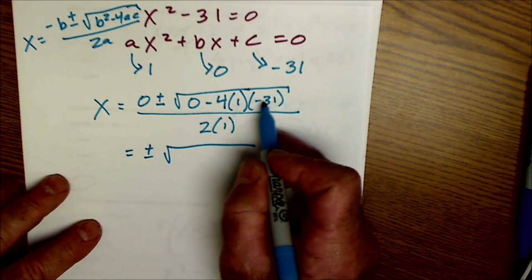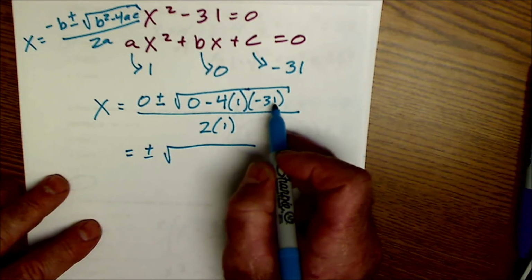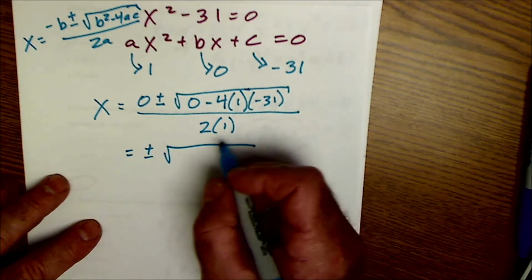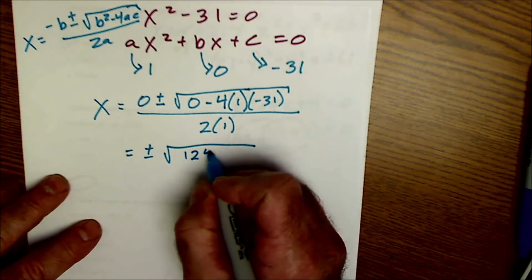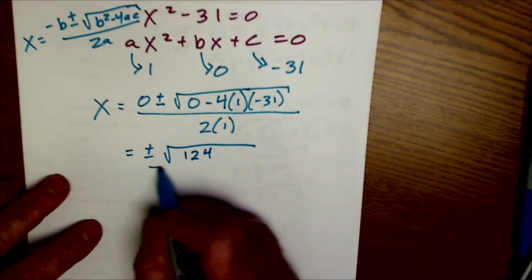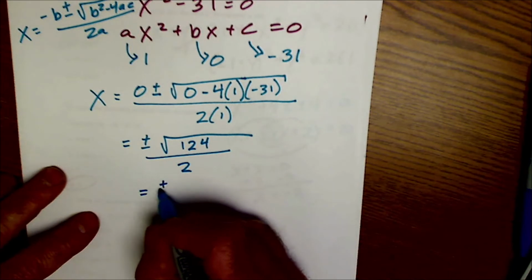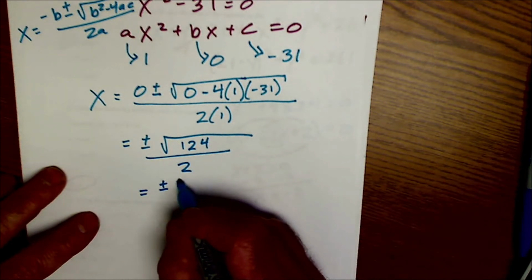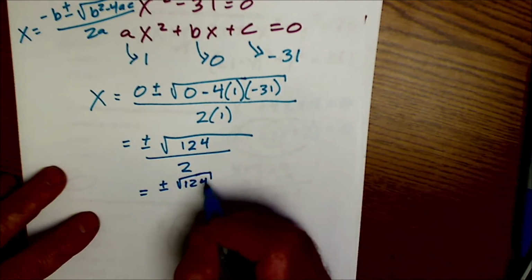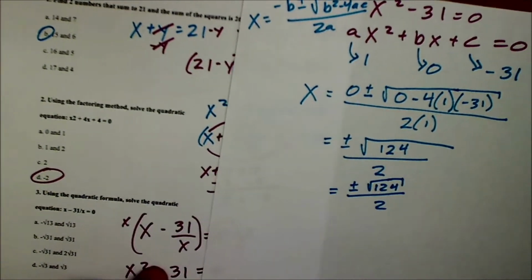Negative 4 times negative 31 is a positive 124, divided by 2. And that's a good solution there, plus or minus the square root of 124 over 2. Let's take a look at our multiple choice answers to see if anything's like that.